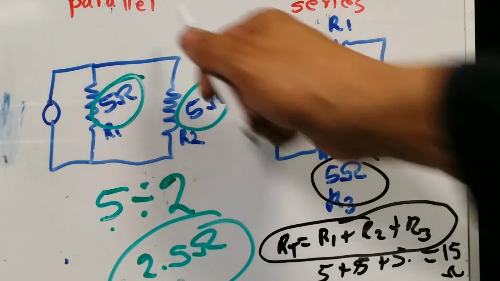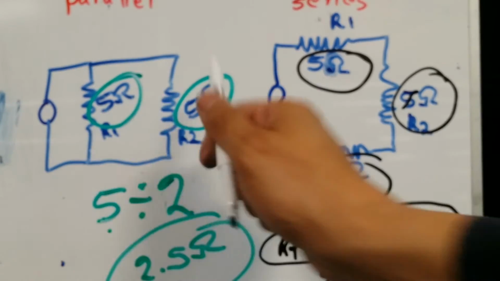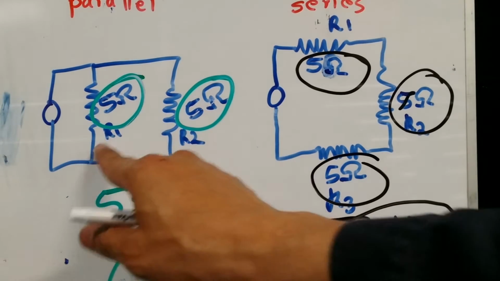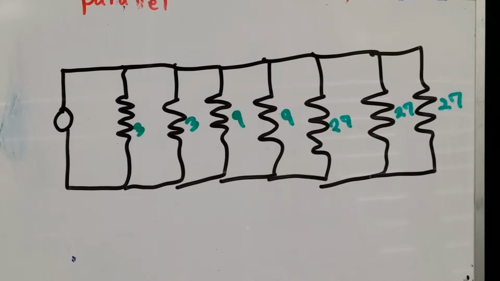For parallel circuits, you have to get fancy, but if you have the same resistance, then you can just count the number of resistors and divide by that number. Let me explain with another example.